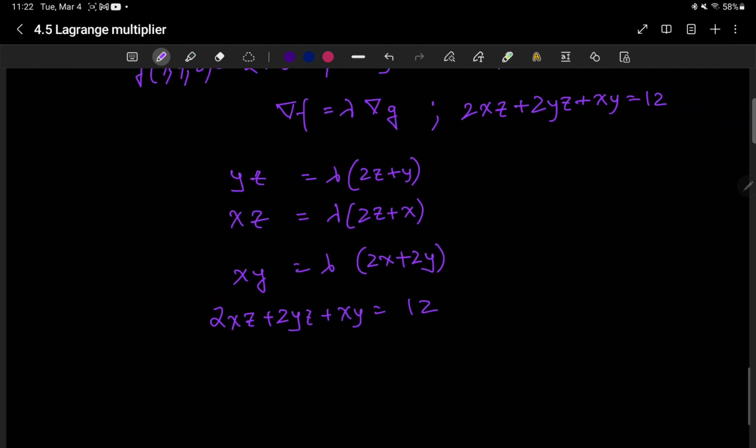So the first thing here we can observe is these three are almost the same, right?